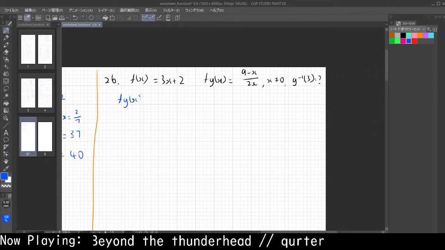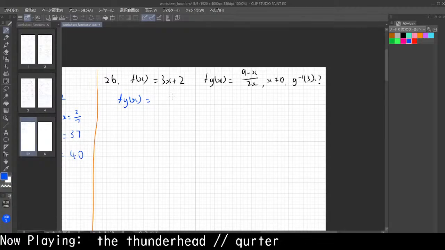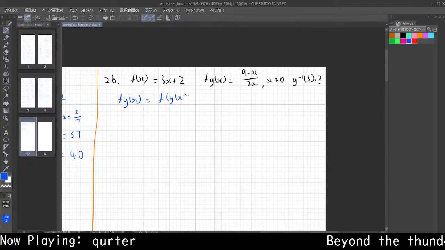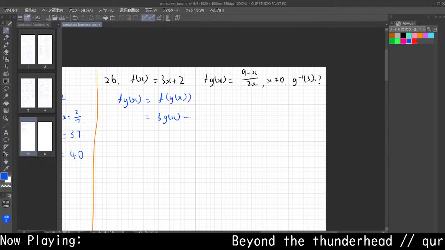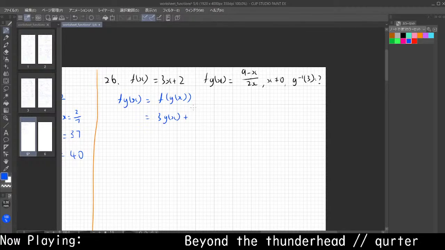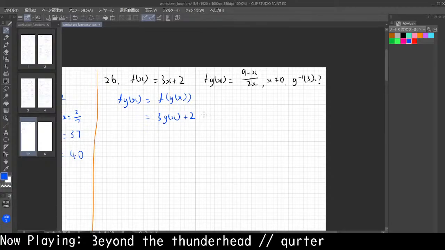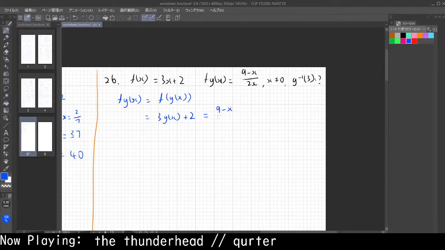This is easier, so let's get to it. fg is g substituted into f. I can let g be my object to replace my x within f(x). So I get 3g(x) plus 2, which will be equal to (9 minus x) over 2x.